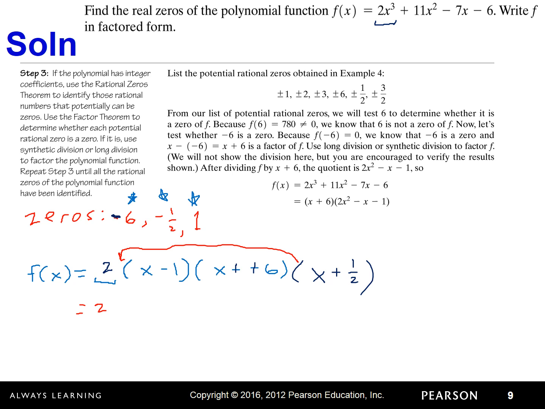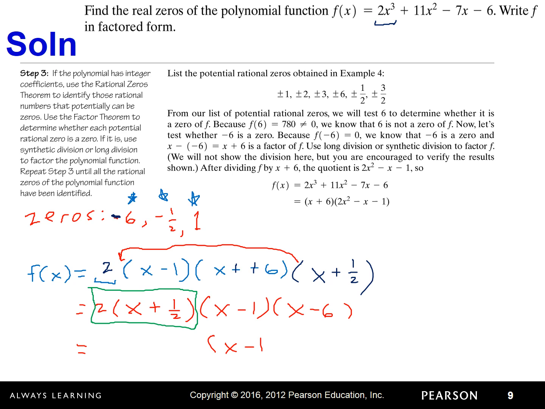So 2, let's throw this other factor with the fraction in there next to the 2. And we got our other two factors. And then partition off this part as one factor, and then we'll have our other two factors, x minus 1, x plus 6, and the other factor then will be 2x plus 1.